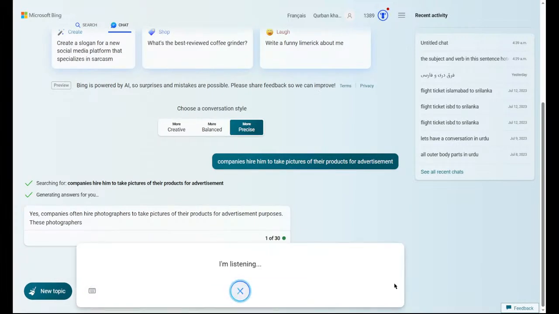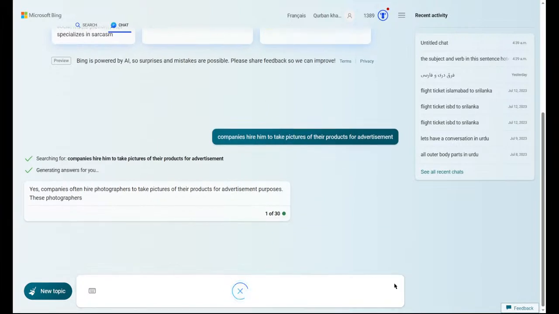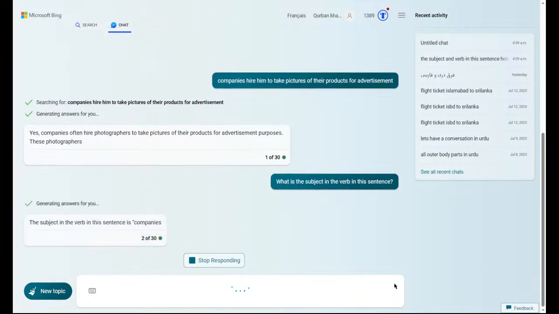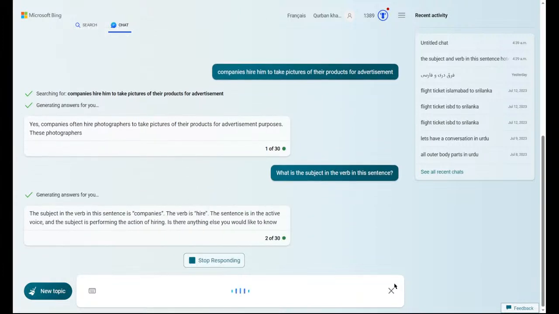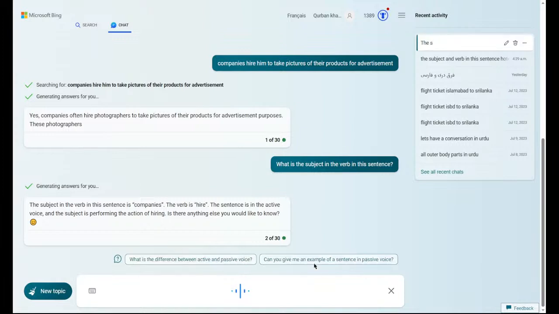What is the subject and the verb in this sentence? The subject in the sentence is companies. The verb is hire. The sentence is in the active voice, and the subject is performing the action of hiring. Is there anything else you would like to know?